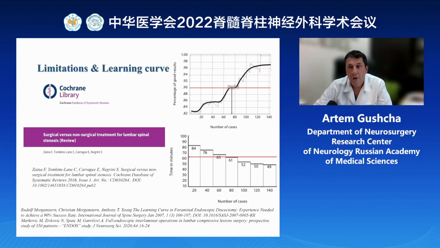And we also think that especially the time of surgery, which could be less than 1 hour, 60 minutes, could be reachable after 40, 50 to 60 procedures, and then all the manipulation could be quite easy.